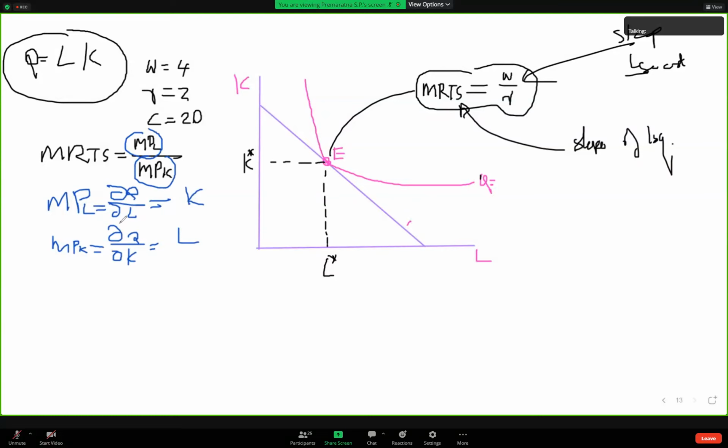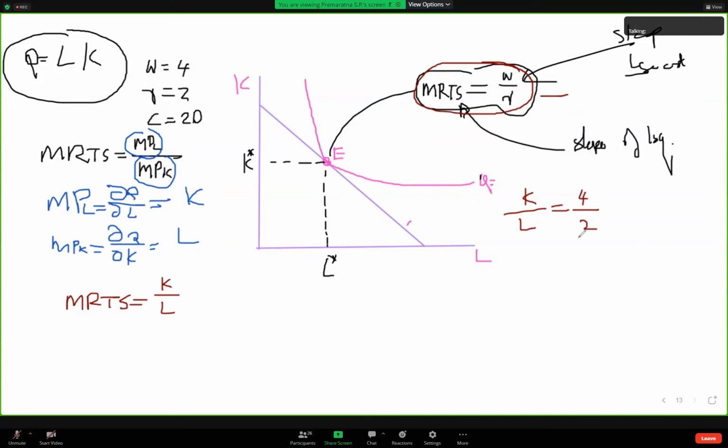In this particular example, MRTS is K divided by L. So now what we have to do is satisfy this condition: we got the MRTS, that is K divided by L, equal to W over R. W is given here, 4. R is given here, 2.